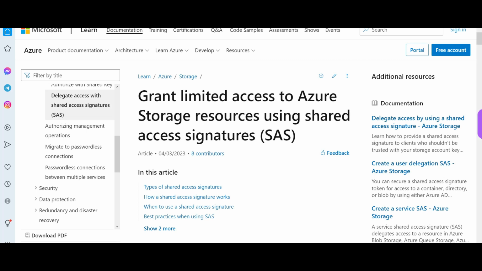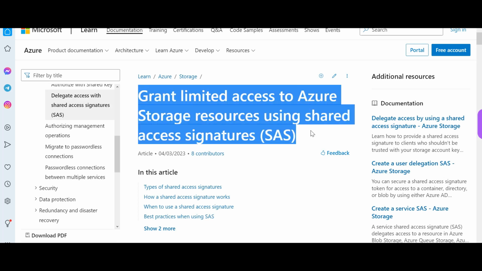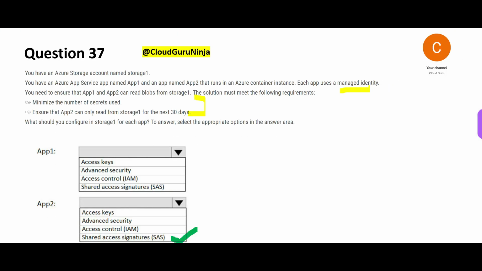So you are basically granting limited access for a limited period of time. It is secure delegated access. So I have my answer for app 2. I would go for shared access signatures because the question says that this is temporary in nature, for 30 days.